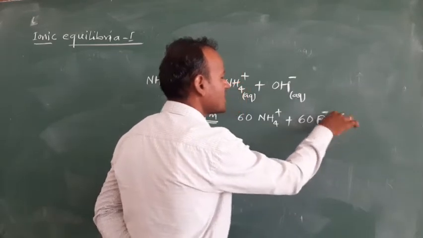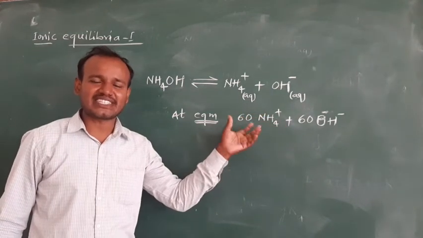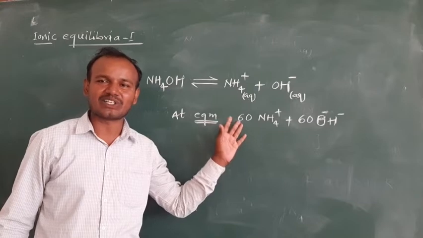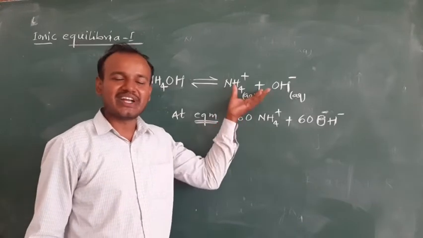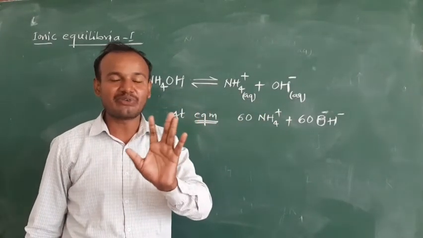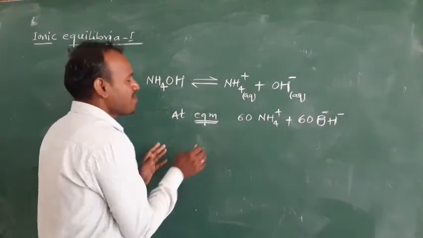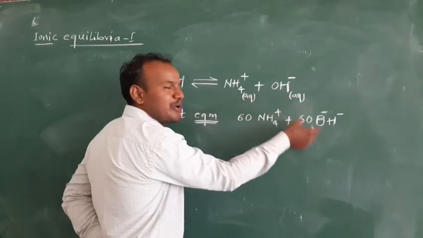This is not experimental data, I have just taken this value to convince you of the concept. Don't take it for granted and don't take it as practical values. Always I used to say, wherever I take certain values to convince the concept, that is only a theoretical view. It will never have practical applicability. See, I have 60 NH4 plus and 60 OH minus ions.